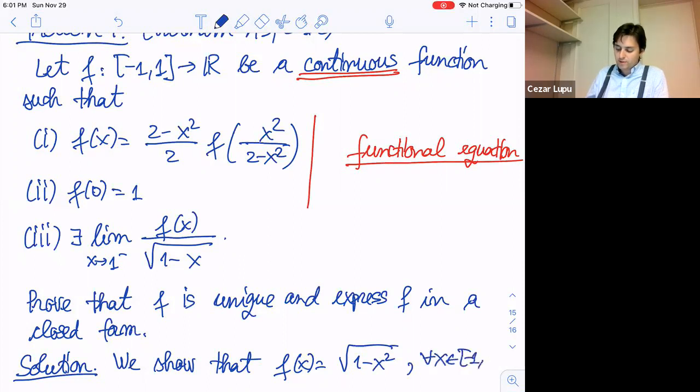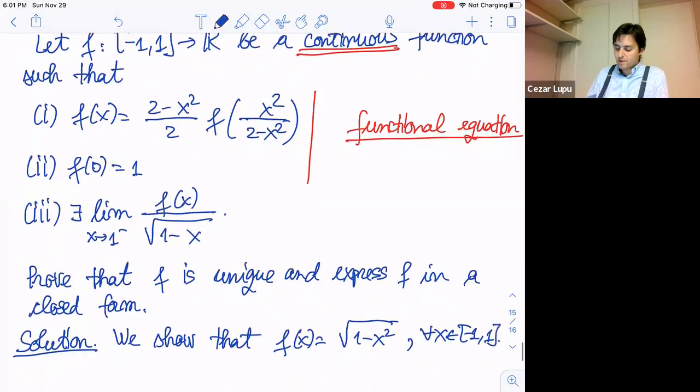So we'll show that this is the function that verifies our conditions. Well, let's see, does it verify? Well, clearly f of 0 is 1. That's easy to see. And the third one is easily verified, right? But the first one, again, is easily verified.